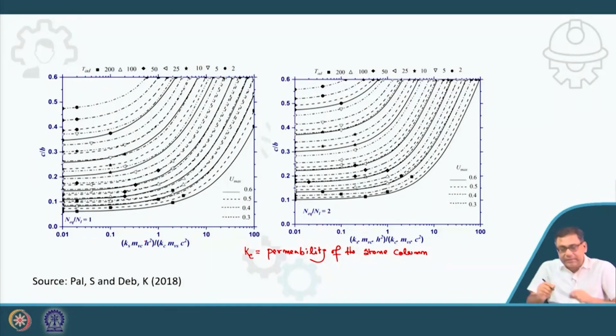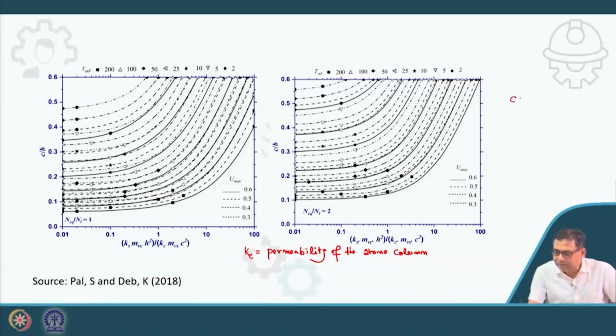In addition there are C and B, because the x axis is that term: Ks MBC A square divided by Kc MBS C square. As I mentioned, different researchers have used different terminology.